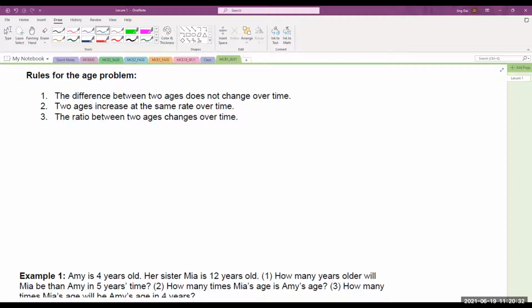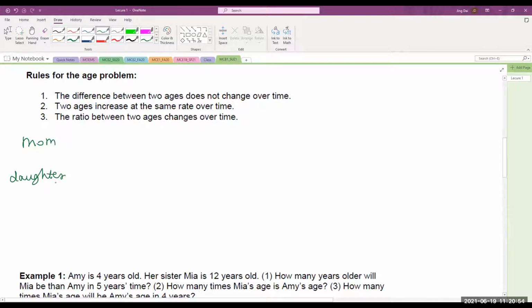The third rule: the ratio between 2 ages changes over time, so I do need to talk about that one, and I have a good example for you guys. I want to write it down, and if you have your piece of paper in front of you, you can take notes now. Okay, so we're just gonna give a mom and daughter example.